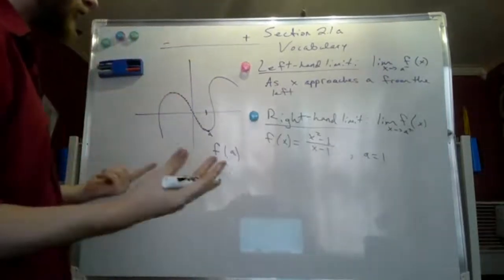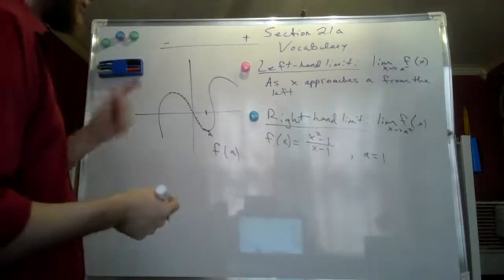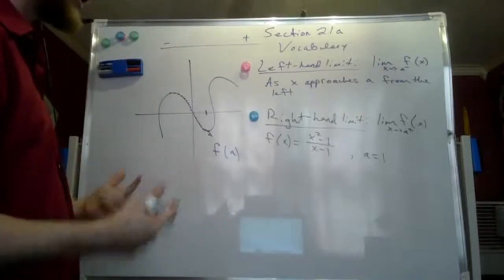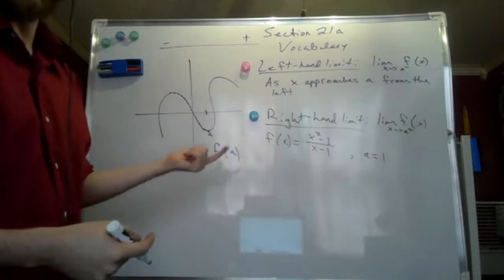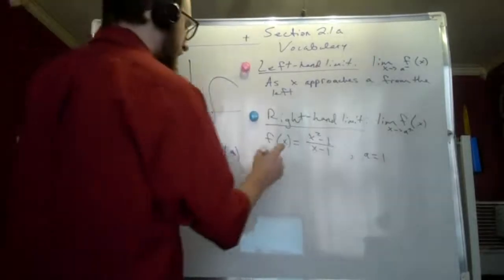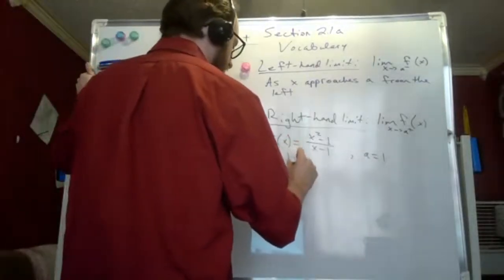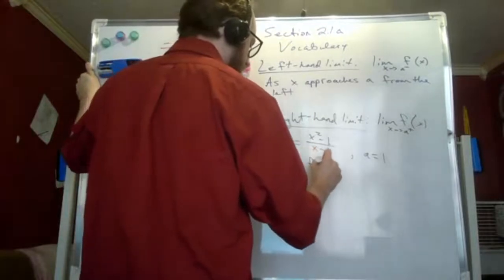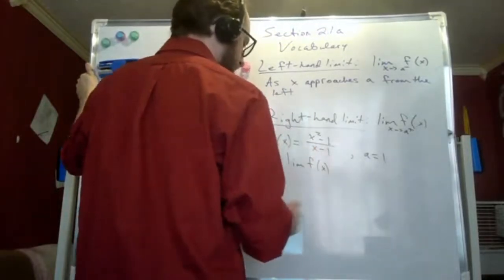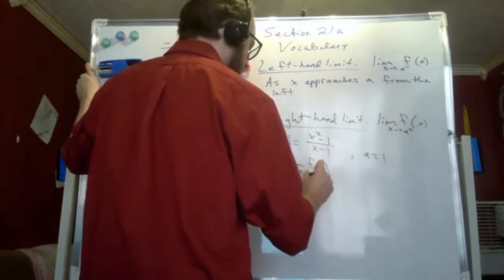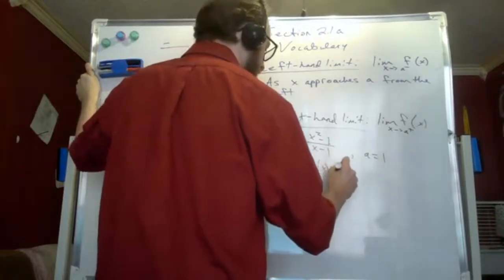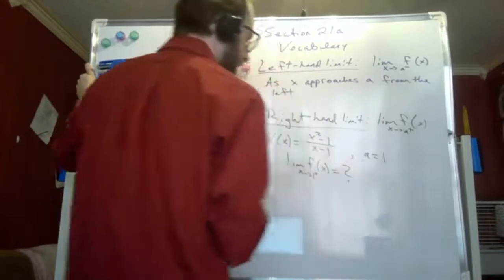So what we can do to remedy this problem, well, there's a couple things we can do. The first thing we're going to do is we can just try to figure out what it is using limits. So let's talk about what is the limit of f of x as x approaches 1 from the right. What is this value?